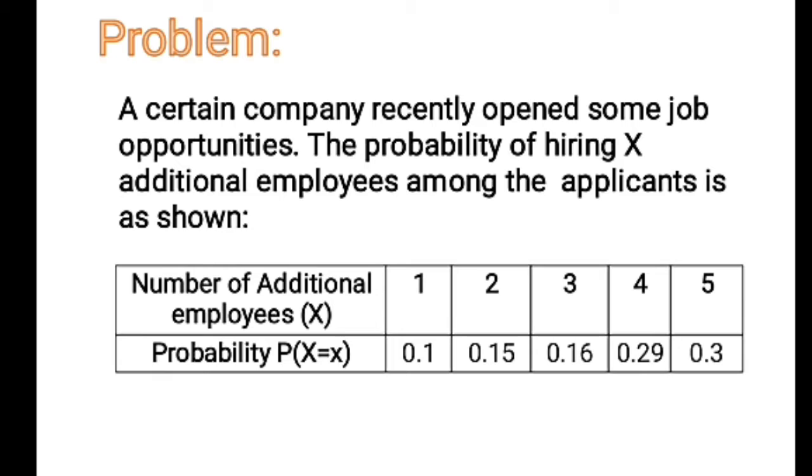You would know that it is a discrete probability distribution because when you add the probabilities, they always equal 1. 0.1 plus 0.15 plus 0.16 plus 0.29 plus 0.3 equals 1.